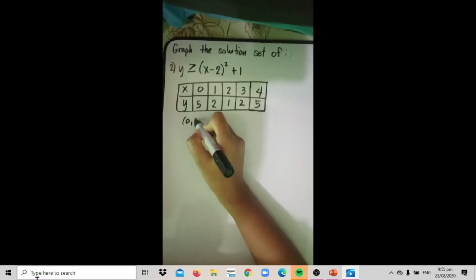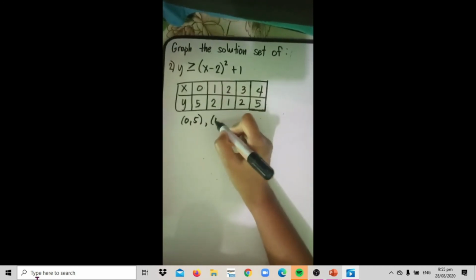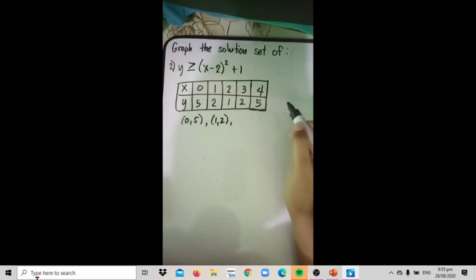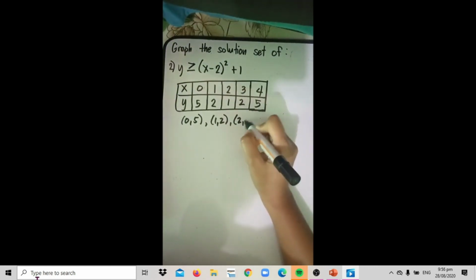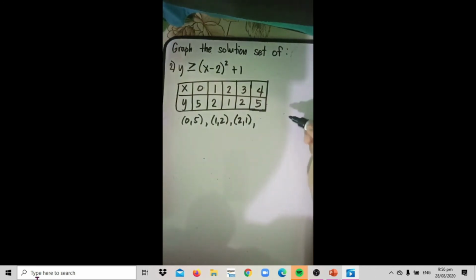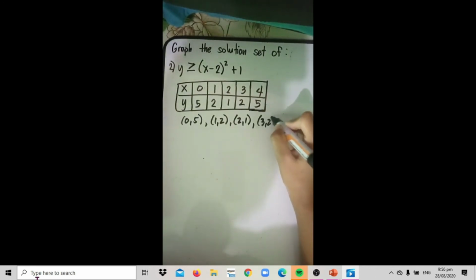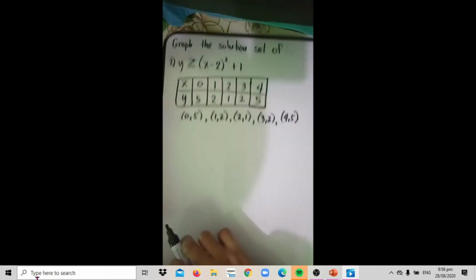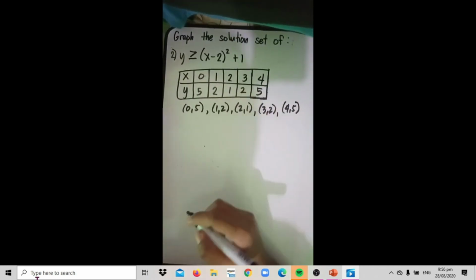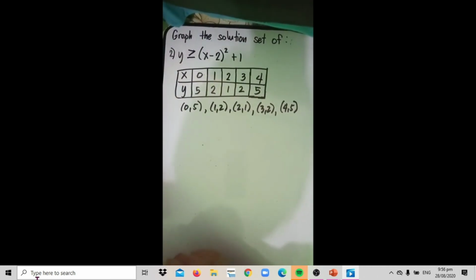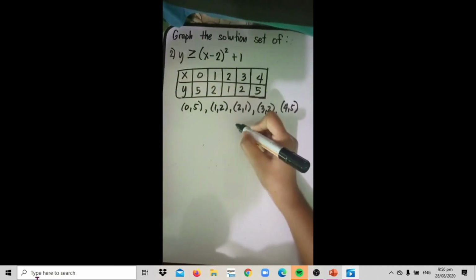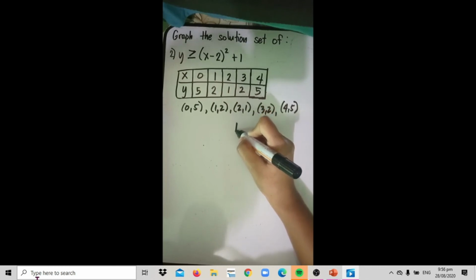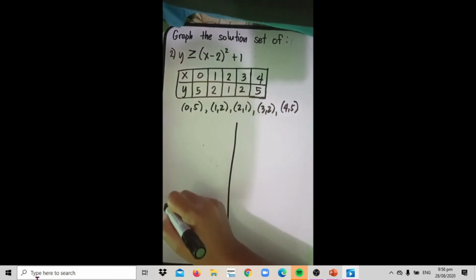We have 0, 5, 1, 2. What is our third ordered pair? Yes, we have 2, 1. What else? We have 3, 2, and 4, 5. Okay, so again, after completing the table and determining the ordered pairs, we can now plot it in the Cartesian plane.